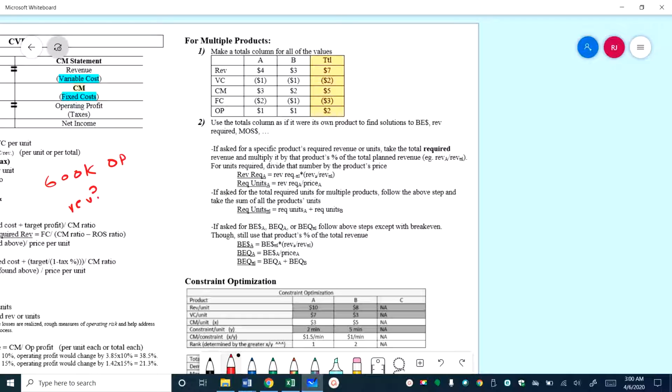Your instinct may be to just find the total revenue required and then divide that by an average price because it is asking for total units. However, that doesn't work. What you would have to do to find the total units is find all the units for A using those above methods and then add on all the units for B and all the units for C and so on. And that would give you the required units total.